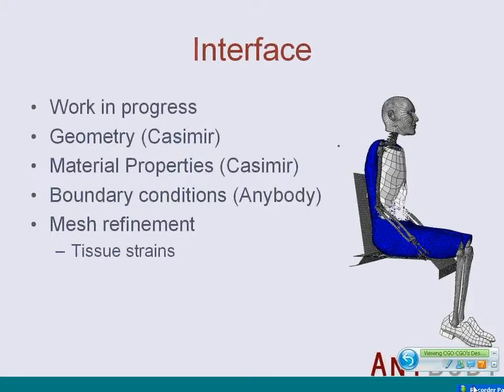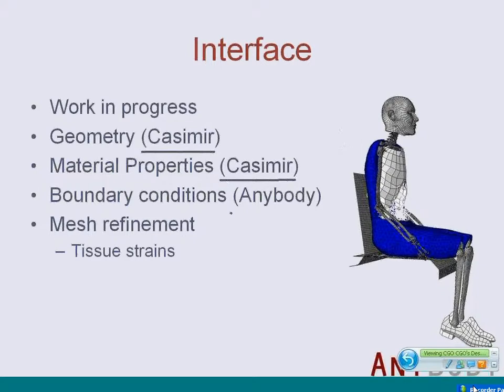And you could say, to sum it up, this finite element model needs three things to work, to make a good finite element model. You need a good geometry, and there we use the geometry of the Casimir model. Then you need material properties, and that is also handled by the Casimir model.